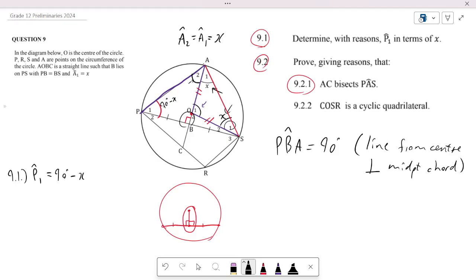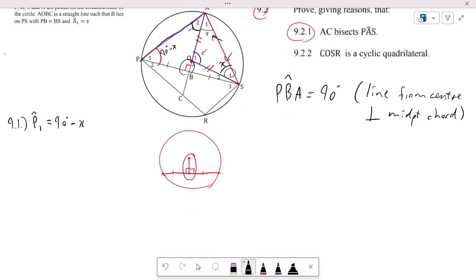Okay, now that we've shown that, now we can do the following. We have a triangle PBA, right? So in triangle PBA, we have two angles. Now we can determine the third angle, which is A2.